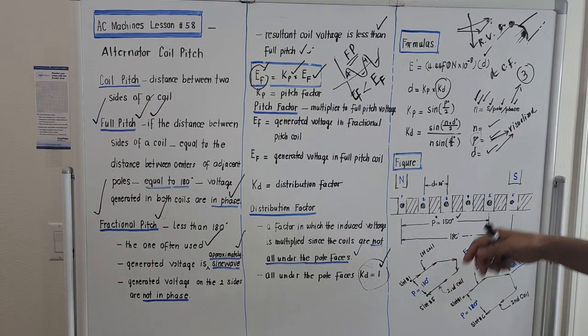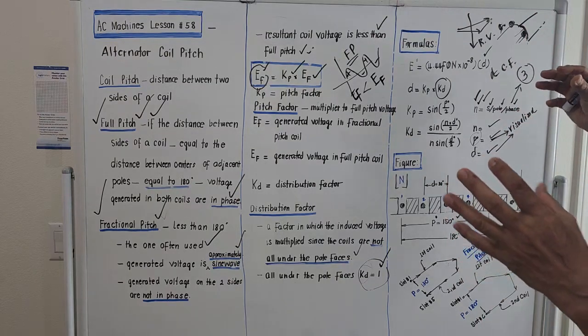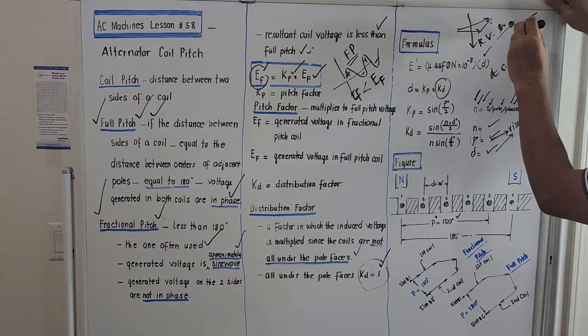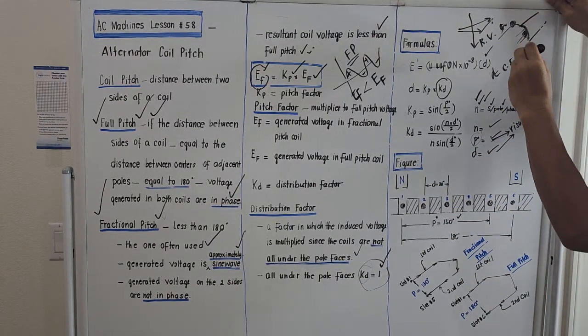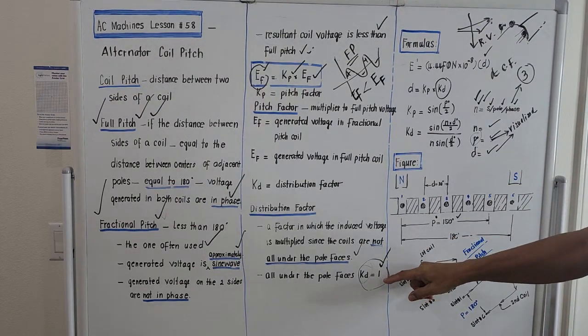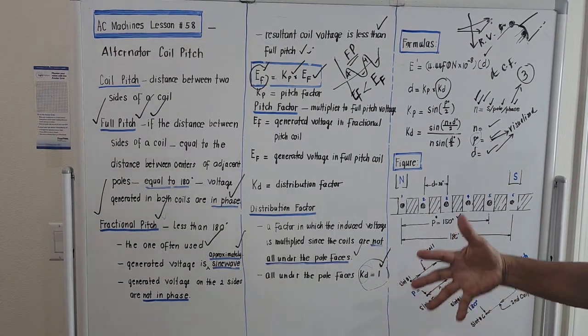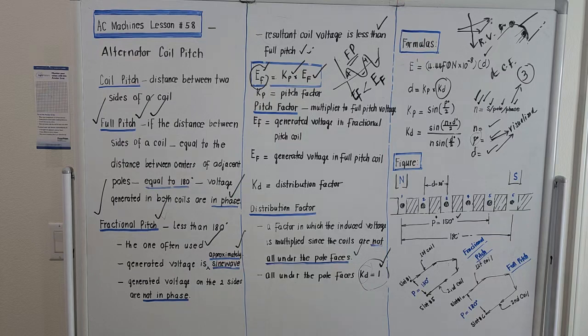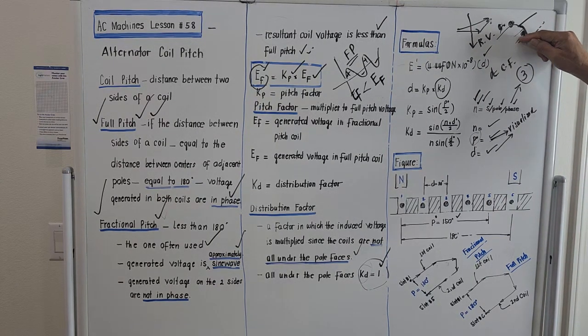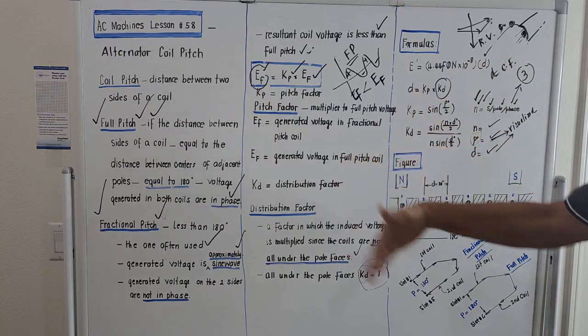That's why there is a so-called distribution factor, right? But according to this, if we could take all the conductors and place them under the full phases at any one moment, the distribution factor is 100%. But it's not like that in real life, right? This one will feel the maximum effect of the flux, so the voltage generated will be very big.